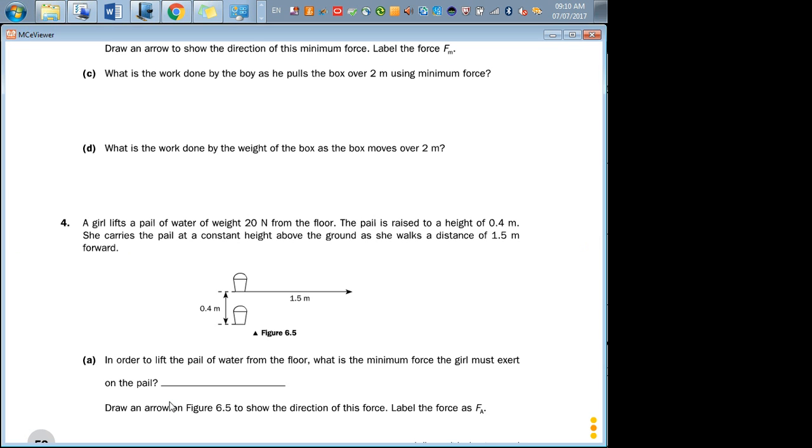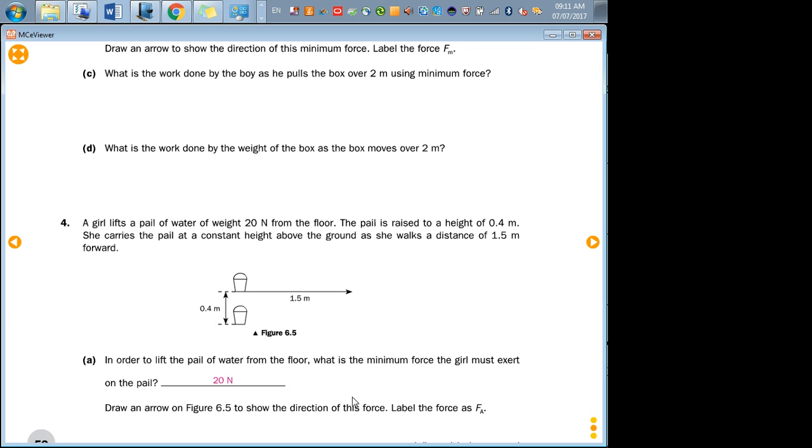What are the forces acting on the pail? Only the weight, right? So only the weight downwards. So for the girl to bring it up, what is the force that she must exert? 20 or more, right? So the minimum will be 20 newtons. She needs to overcome the weight of the pail of water, which is logical. The heavier it is, the more force you need to exert to overcome it.